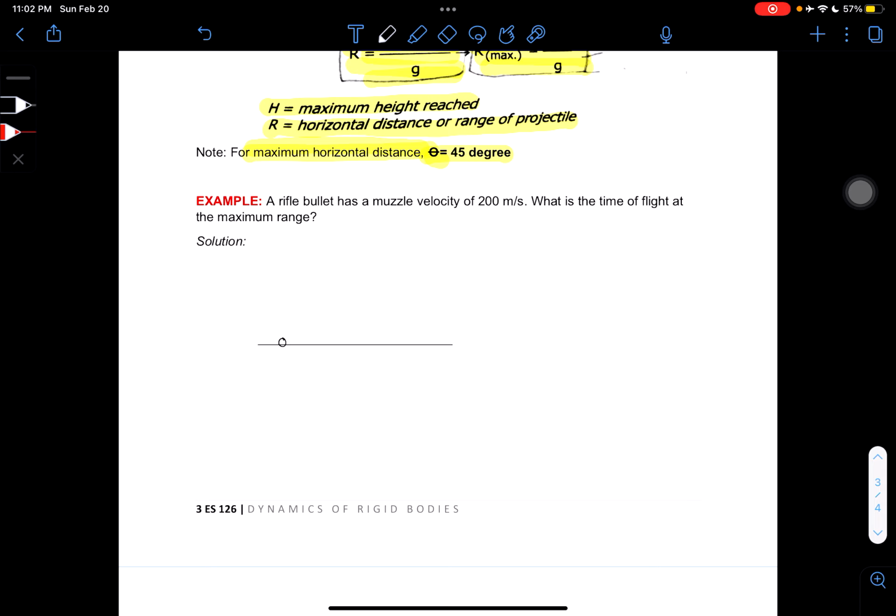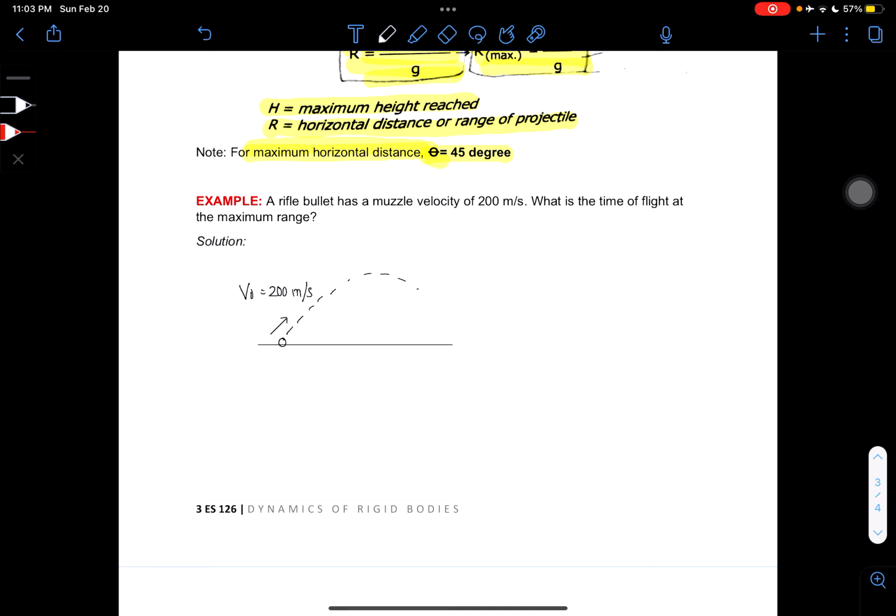And na ay velocity initial nato. V0 is 200 meters per second.